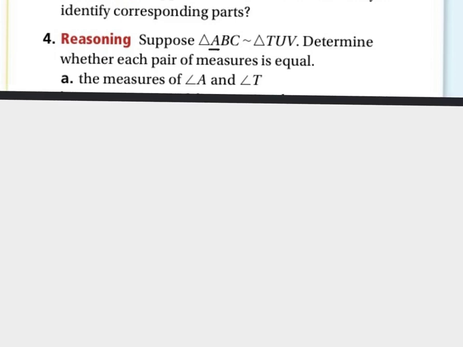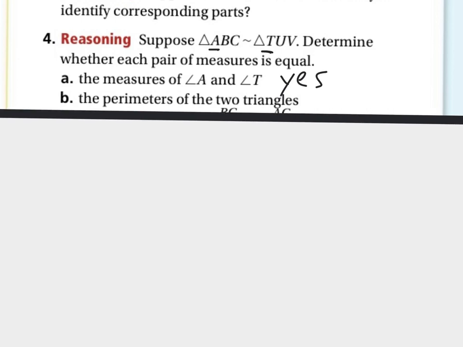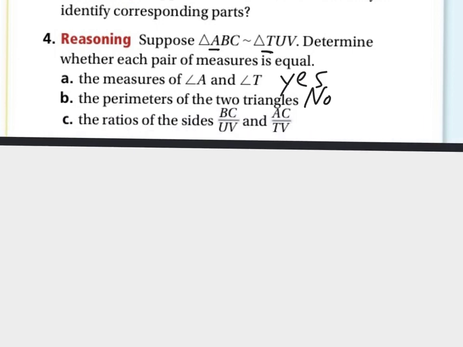Well, A is the first letter and T is the first letter, so I would say yes. Perimeters of the two triangles. Well, if they're similar, they're not necessarily the same size. They're proportional, but not the same size necessarily, so they would probably have different perimeters.